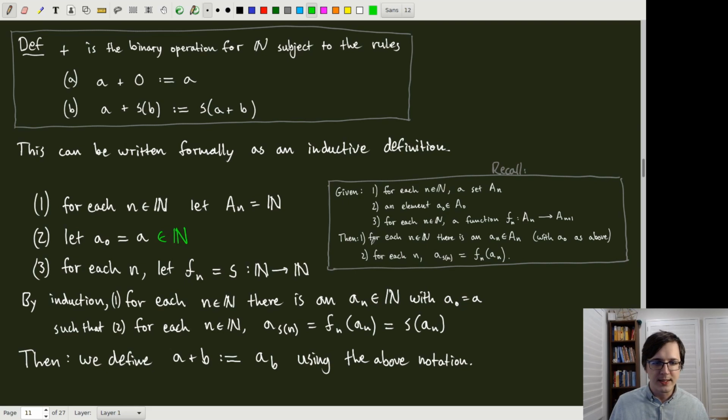Okay, that was 1. And then the 2 is that for each n, we have the property that a sub the successor of n is equal to f of n of a of n, but f of n was just chosen to be the successor function. So the rule is a sub Sn is S of an. Okay, so given that, we define a plus b to be a sub b.